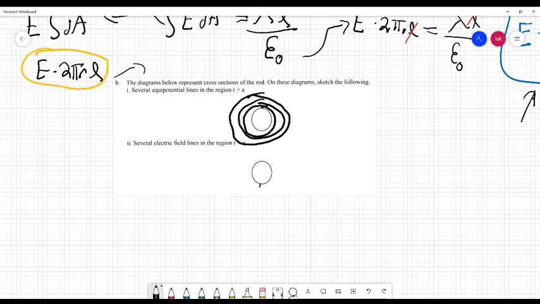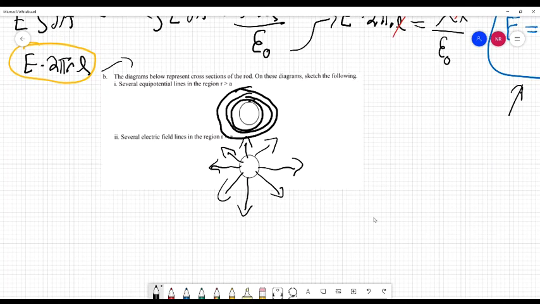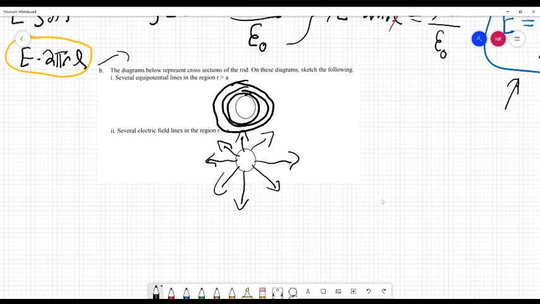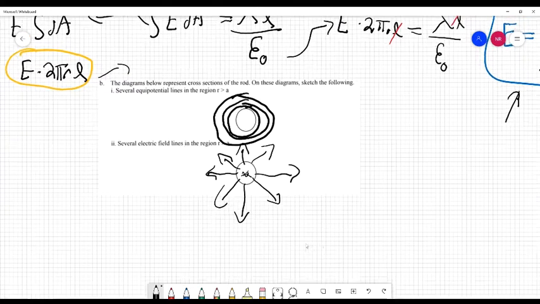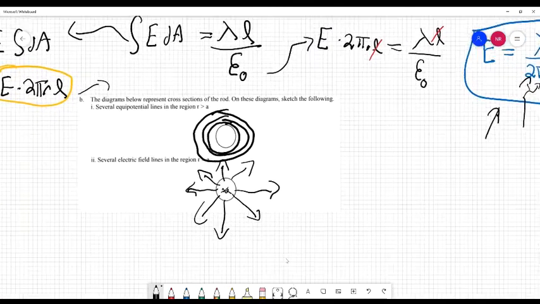Electric field lines would end up pointing radially outwards, and these will end up being perpendicular to the equipotential lines that we just drew in part B number 1. You can think of it as acting kind of like a positive point charge, and all the electric field lines would be pointing outwards because it's just a positively charged rod.